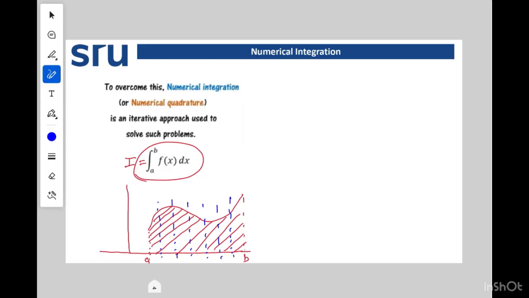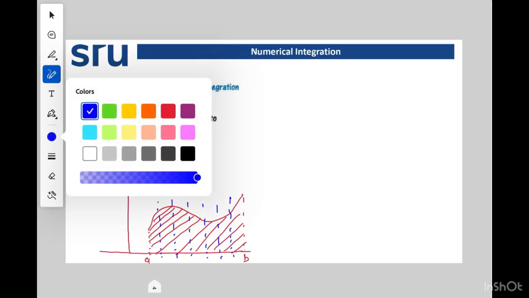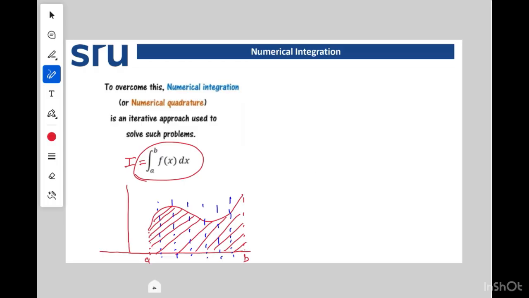So what will we have here? If we divide it, then we will have the function values at a discrete data set.